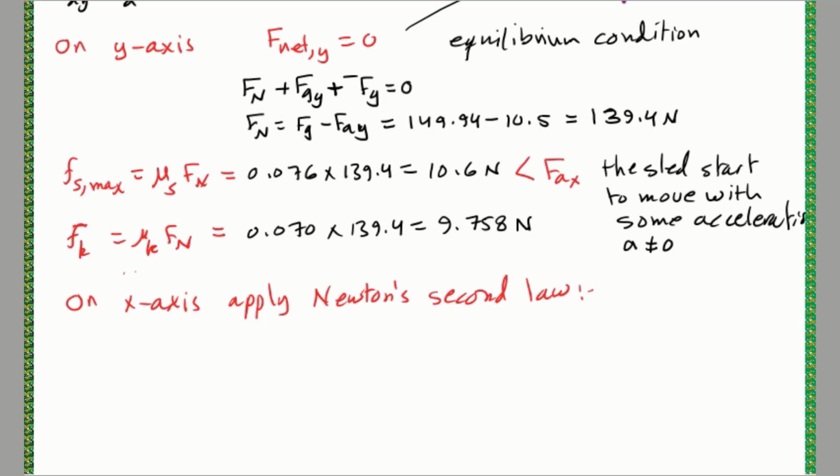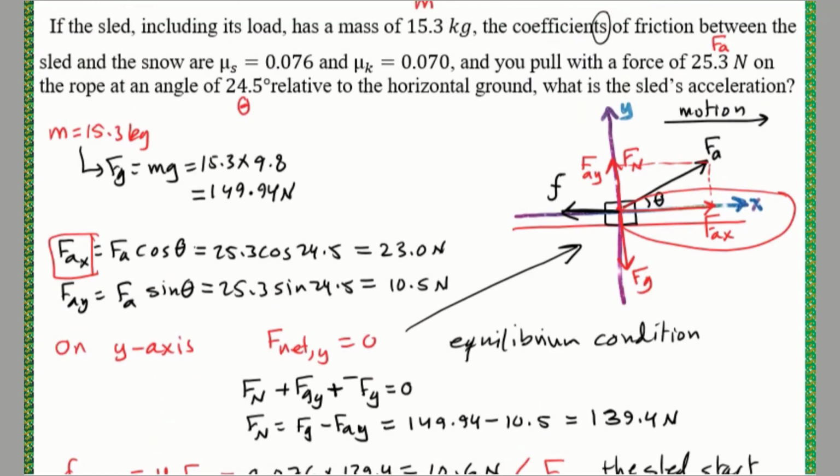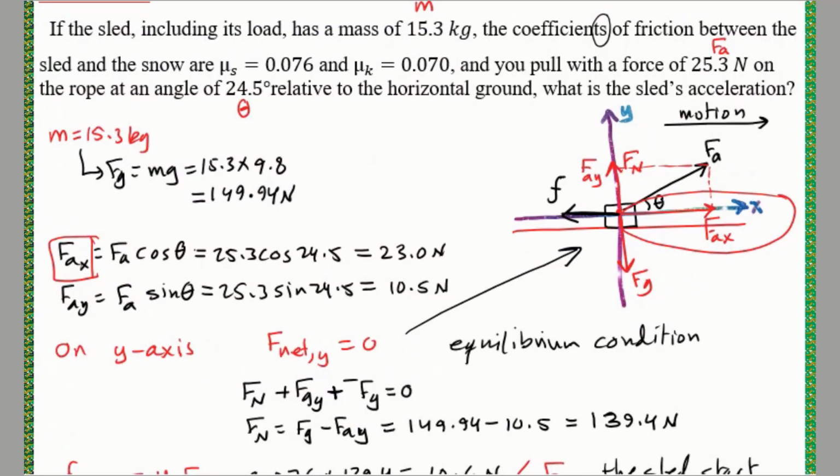So on the x-axis, Newton's second law says that F net on the x-axis equals m times a. Now, what are the forces on the x-axis? For this free body diagram, we have Fax to the right and the frictional force to the left.